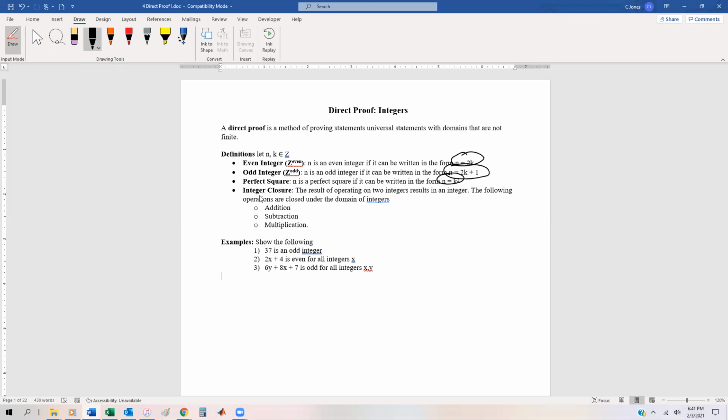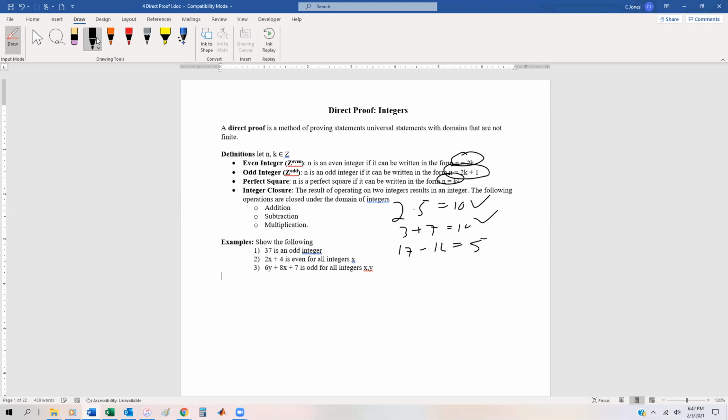And then there's this property of integer closure. Integer closure means that if you add, subtract, or multiply any integers together, then the output is an integer. For instance, 2 times 5, which are both integers, is 10. Also 3 plus 7, and 17 minus 12.